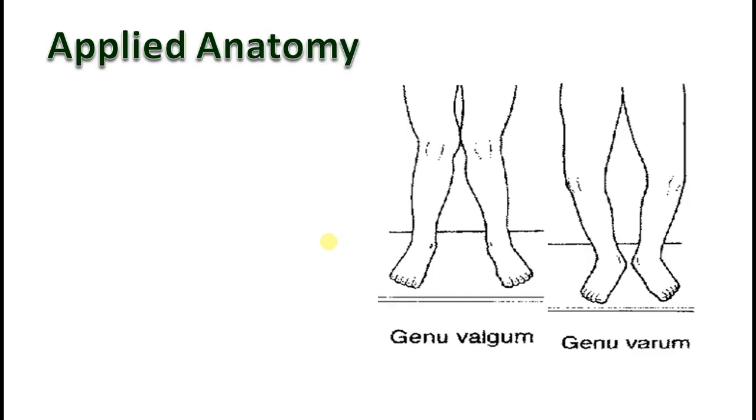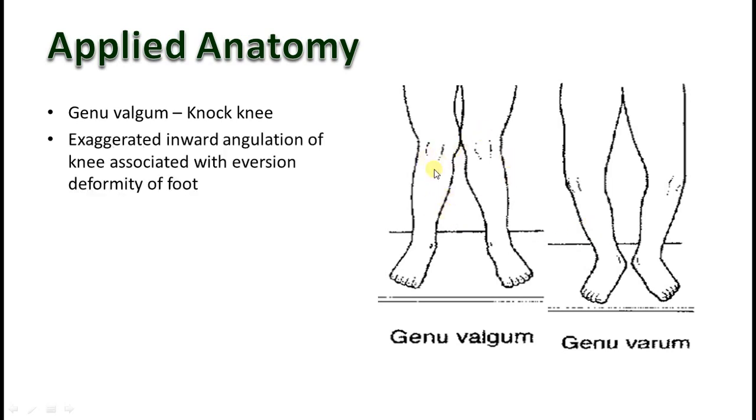Coming to the applied anatomy, you are able to see two conditions mainly. One is called the genu valgum or the knock knee, and genu varum or the bow knee. What happens in case of the genu valgum is there is an exaggerated inward angulation and there is associated eversion deformity. Okay, so eversion is also not possible.